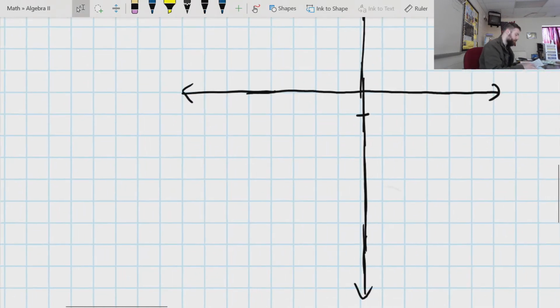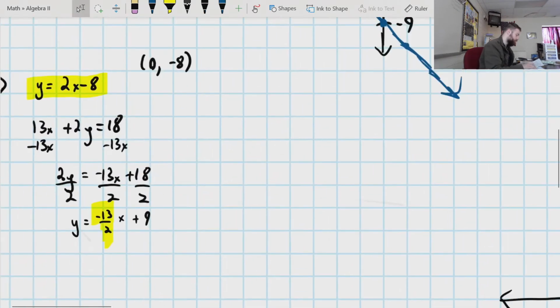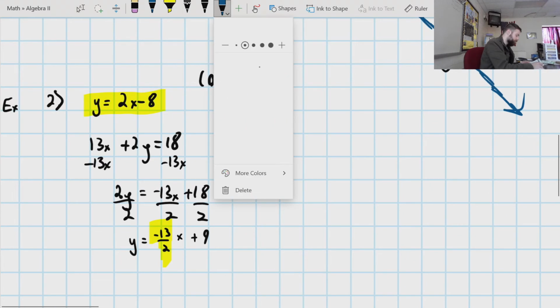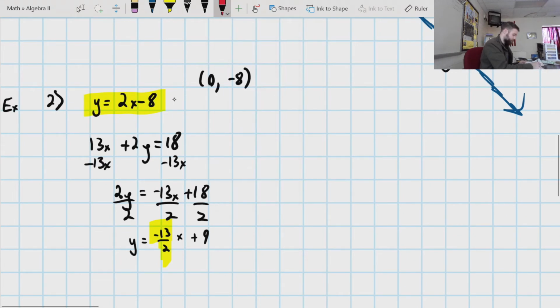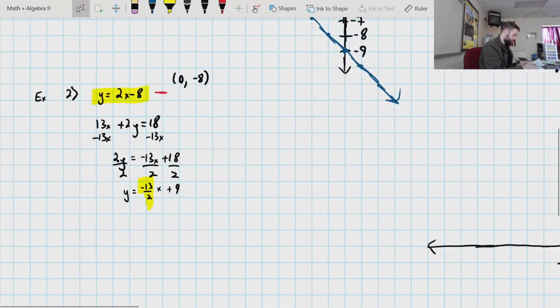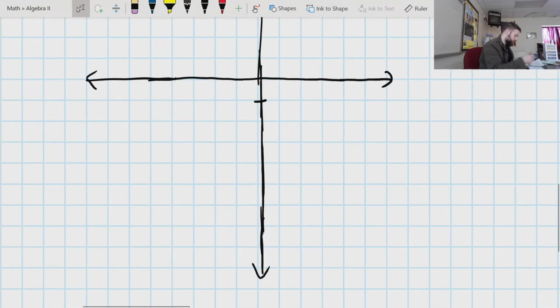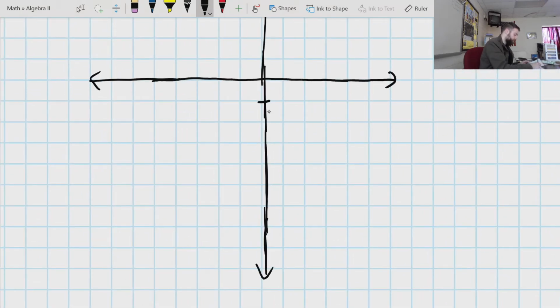So 0, -8, and I'm going to graph that function in red. So I'm going to go down 1, 2, 3, 4, 5, 6, 7, 8. So there he is, down there at -8.